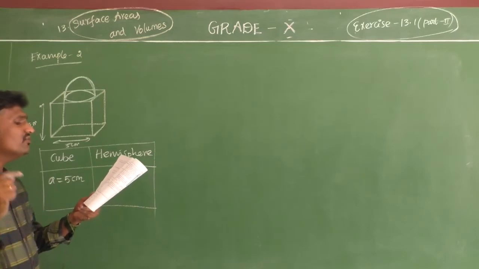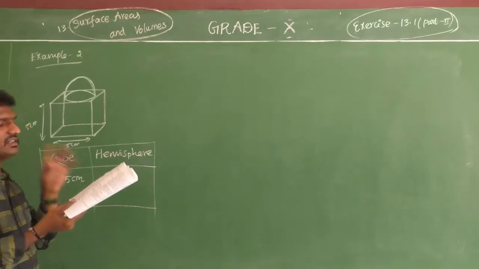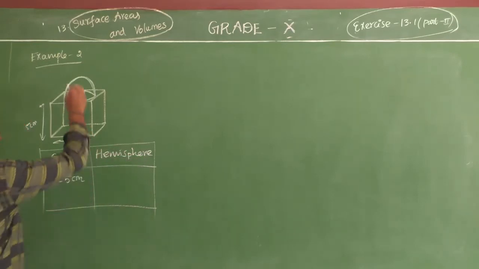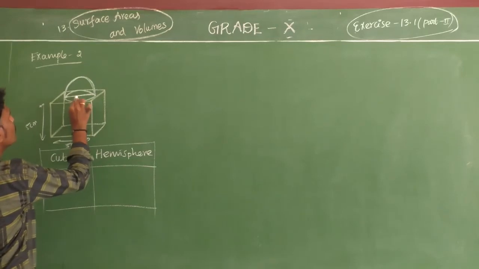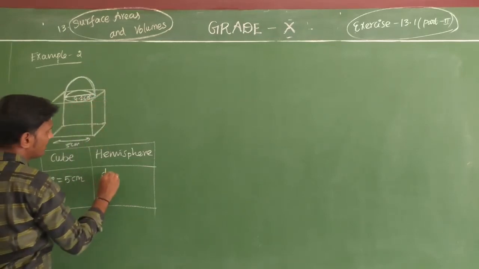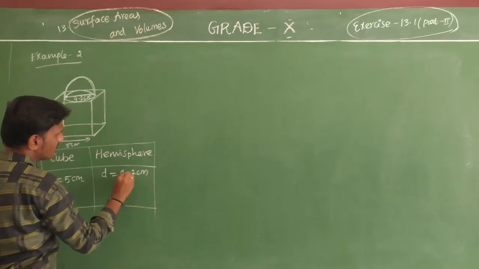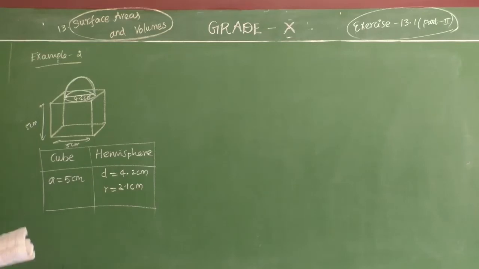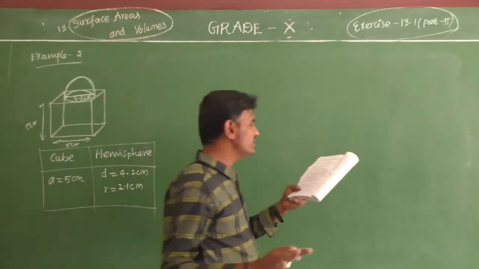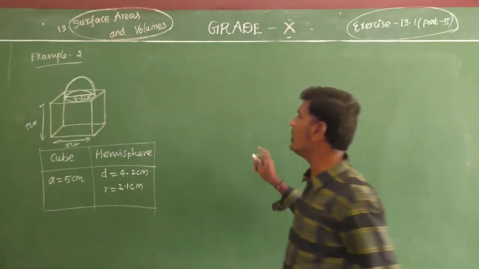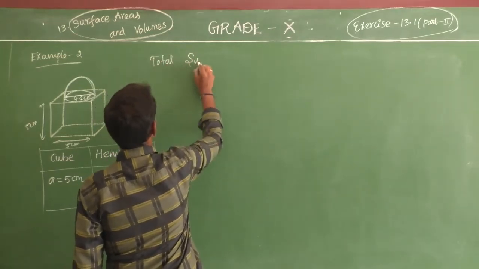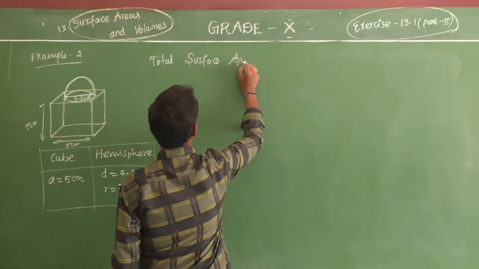And the hemisphere is fixed on the top of the cube, that has a diameter... So the total surface area of the block.